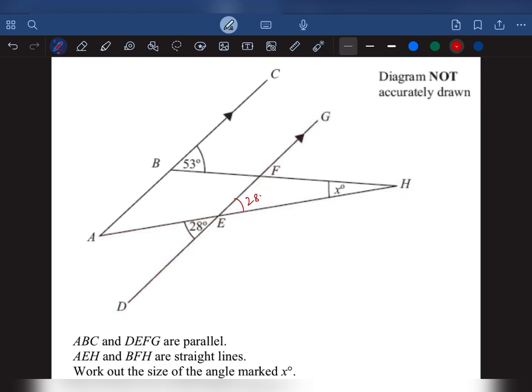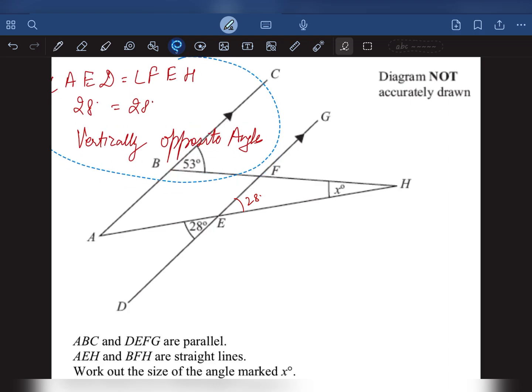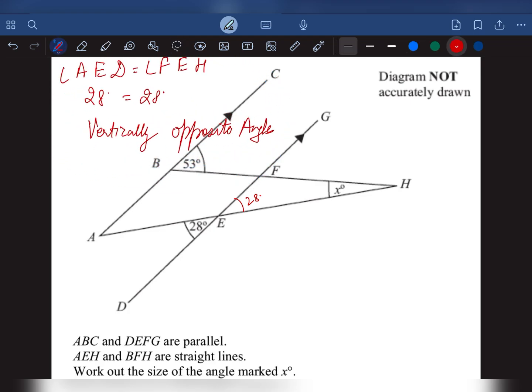So we can say that angle AED is equal to angle FEH, that is 28 degrees equals 28 degrees, because they are vertically opposite angles. So these angles are equal.